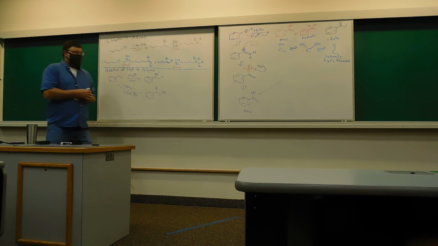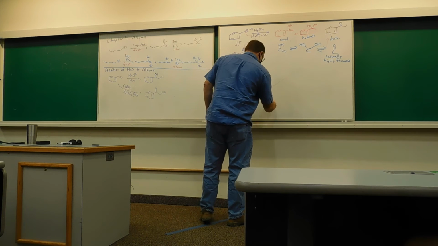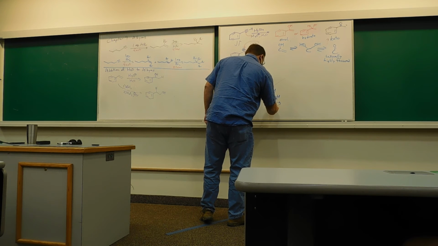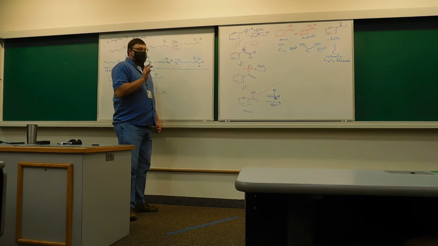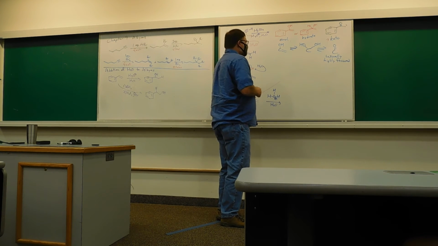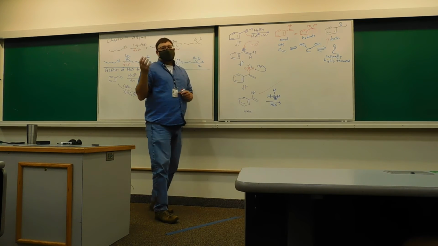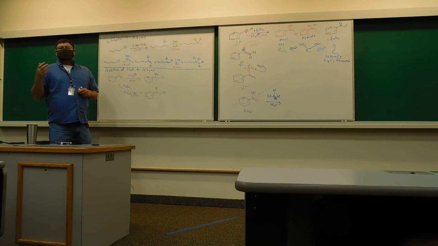Okay, so again, this is our conditions. We've got some mercury in there, but you don't need the mercury for this. And this equilibrium that I've put on the board, the enol, hydrate and keto forms: if you have a carbonyl compound in water, you will always have all three of those.